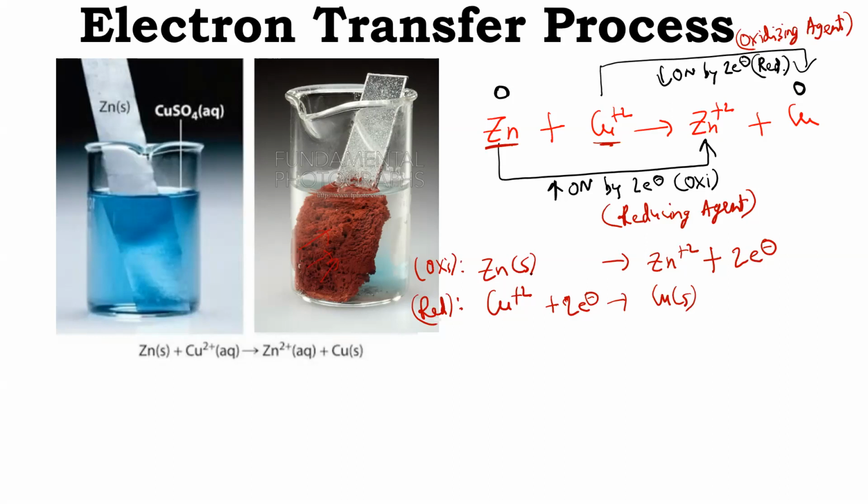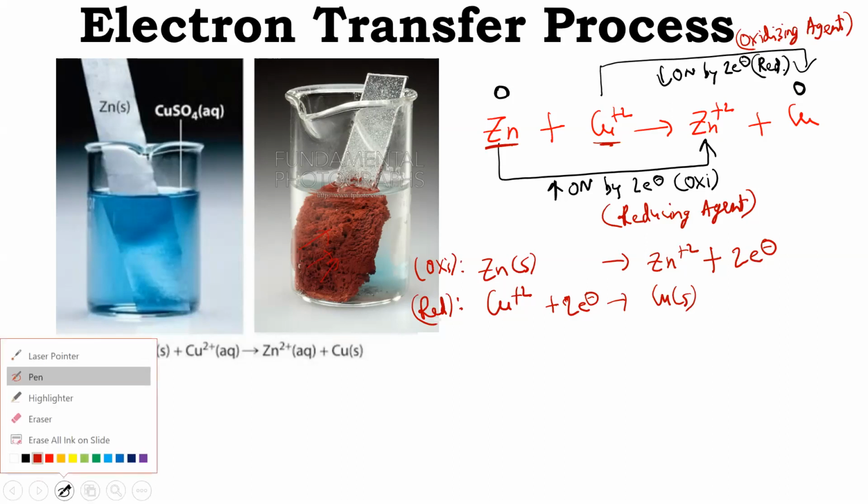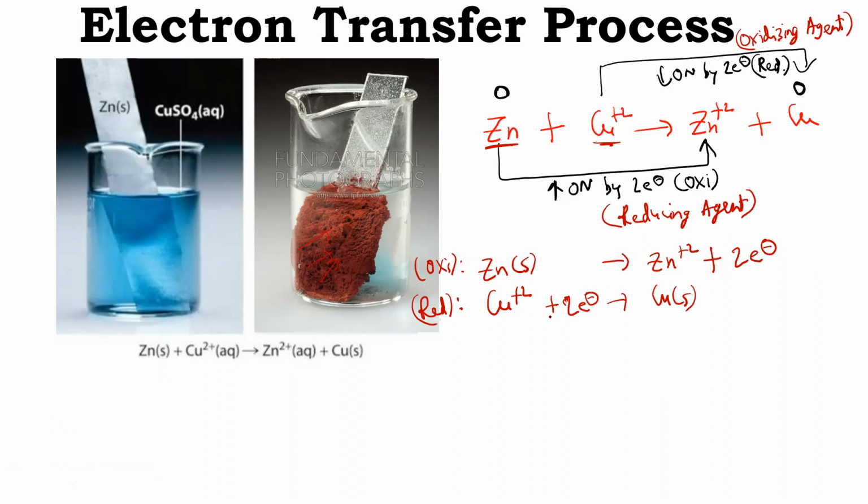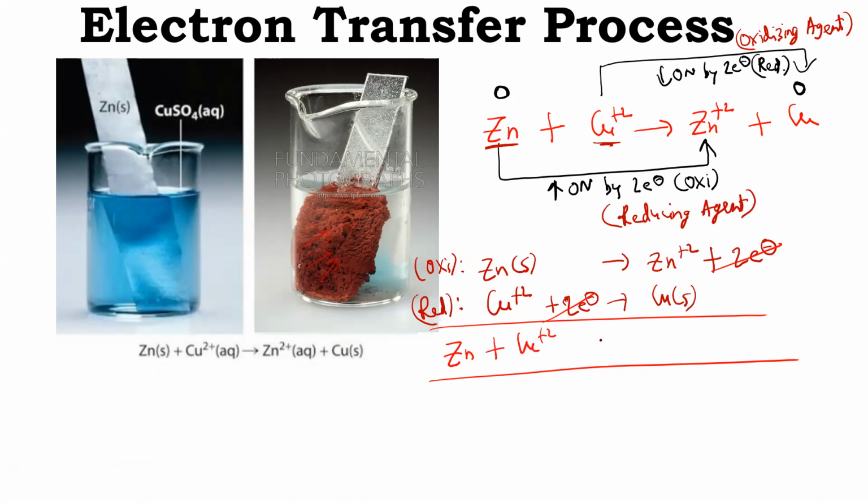And obviously when you look at the overall reaction, you will find these 2 electrons get cancelled from both sides, and the overall reaction will come out like this: Zn plus Cu2+ gives you Zn2+ plus Cu, right?